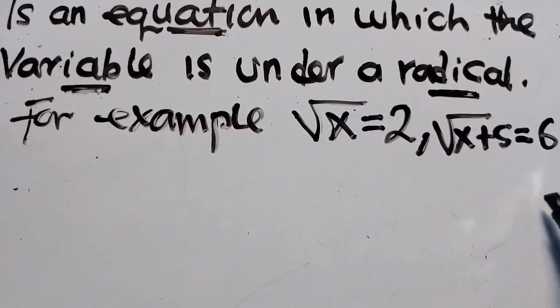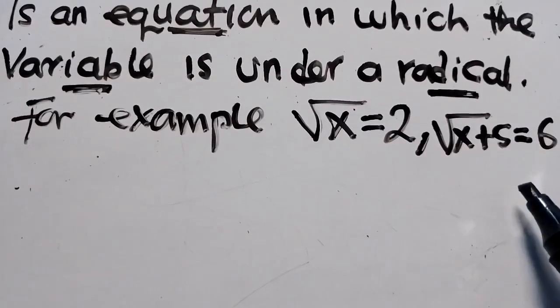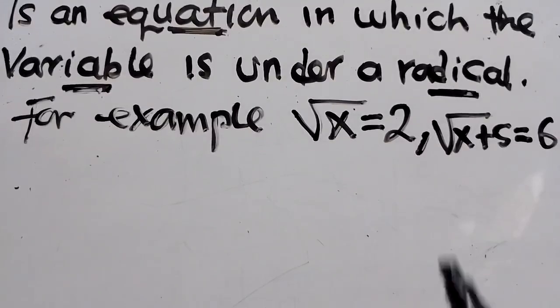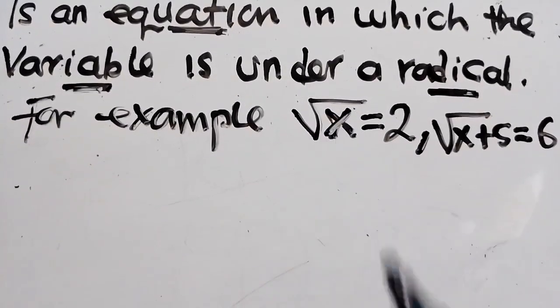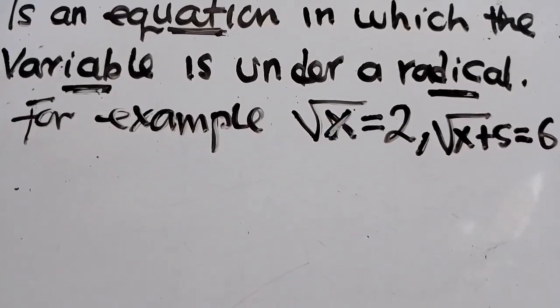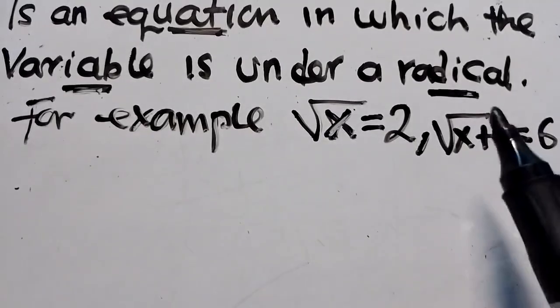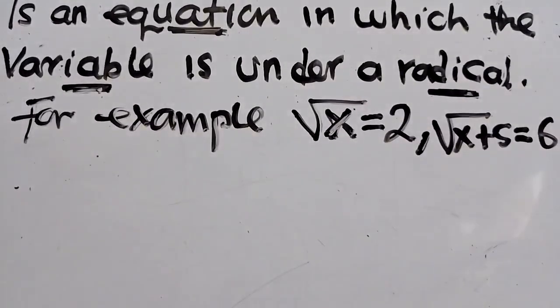It can be anything as long as a variable is under a root. You know what I mean by a variable? A letter. Whenever a letter is under a square root, we call it a radical.